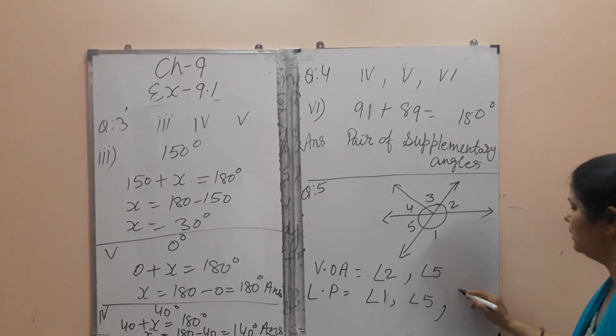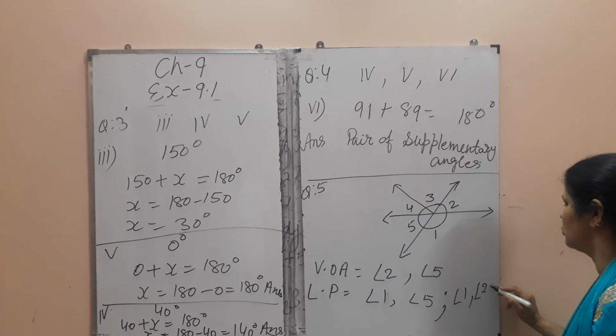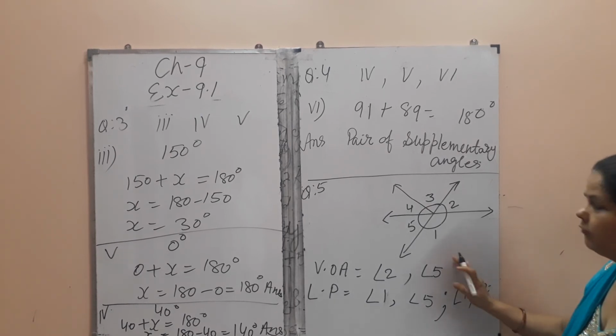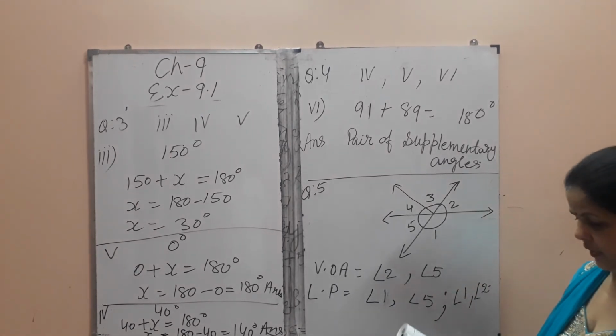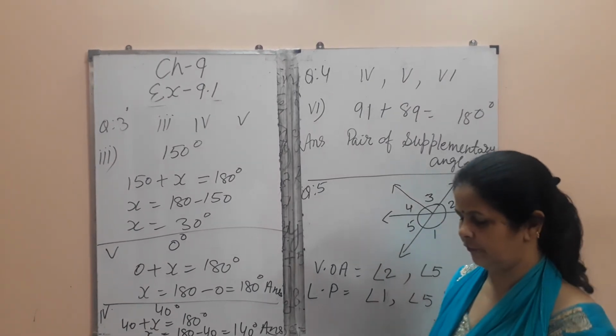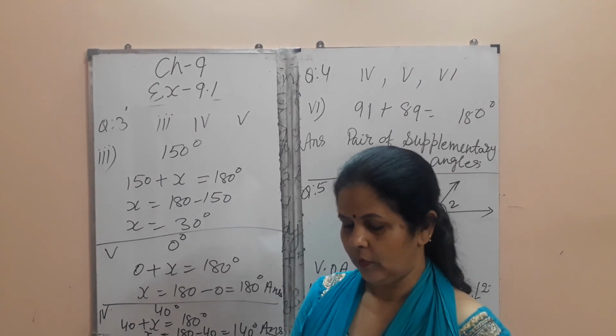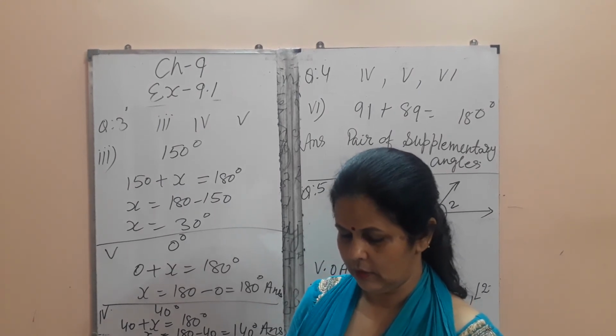And angle 1 and angle 2 also lie on a straight line. So two pairs are linear pairs and one pair is vertically opposite angles. Understood? Next, look at the given figure and answer the questions.